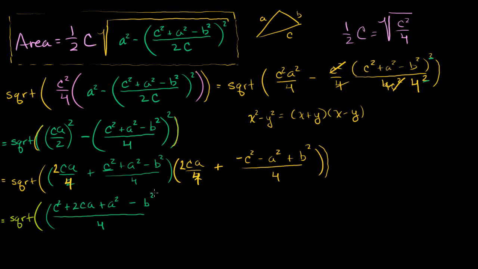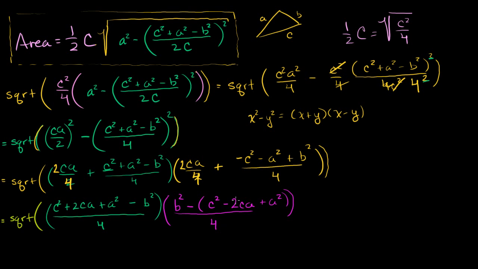Then our second expression, with everything over 4, we could write as b squared minus c squared minus 2ca plus a squared.